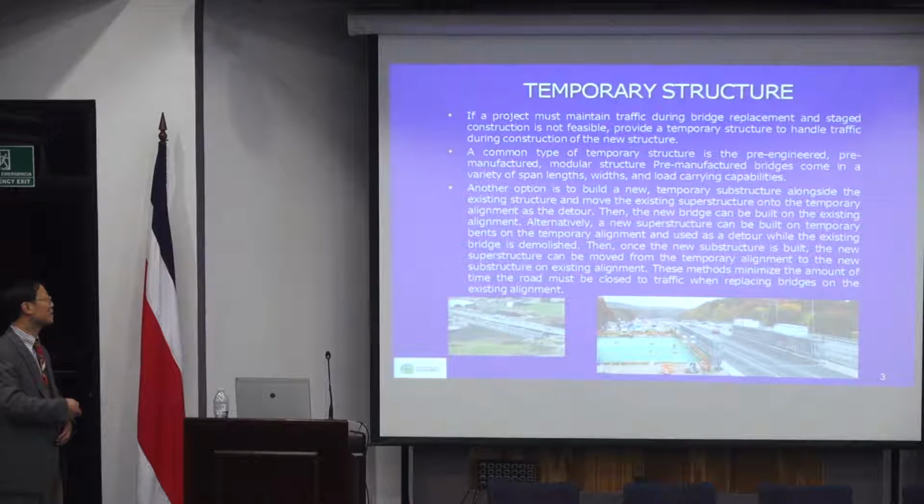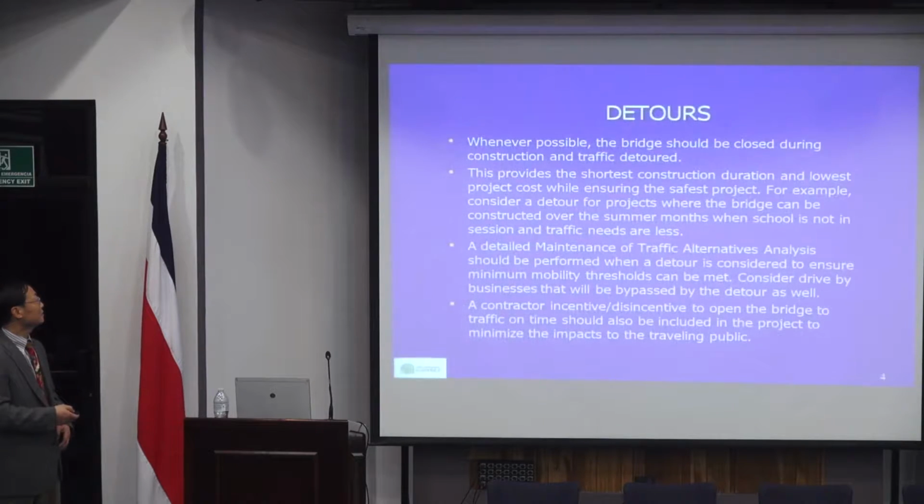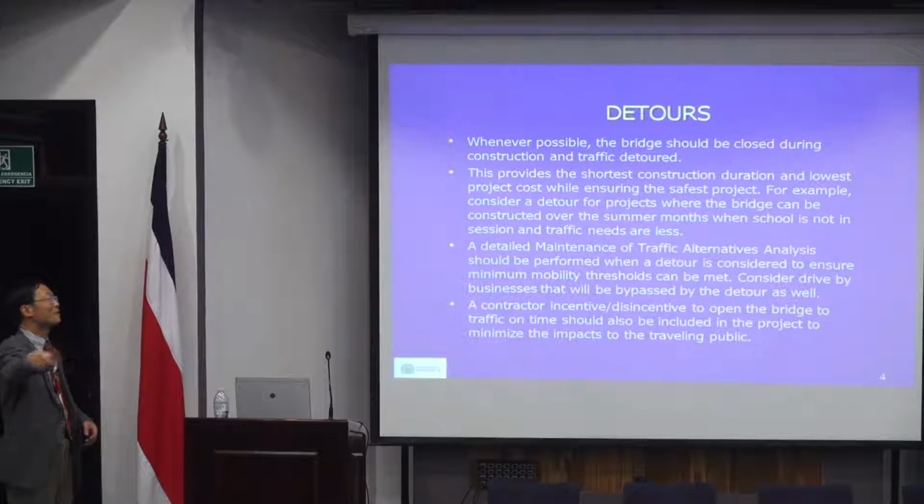All you need is to provide a ramp to tie it in, so that you can do the whole construction at one stage. A detour is another alternative, as I said. If you have another bridge not too far away, you may guide people to use that bridge as an alternative.